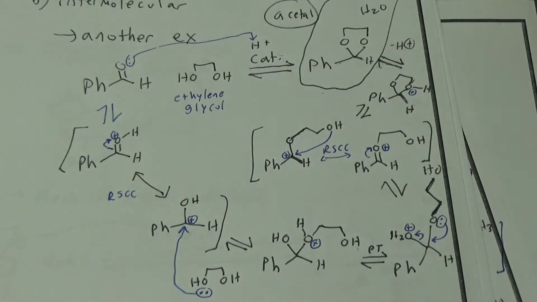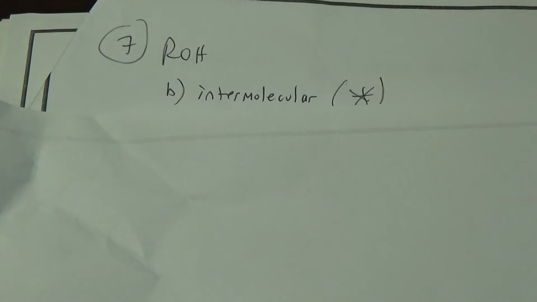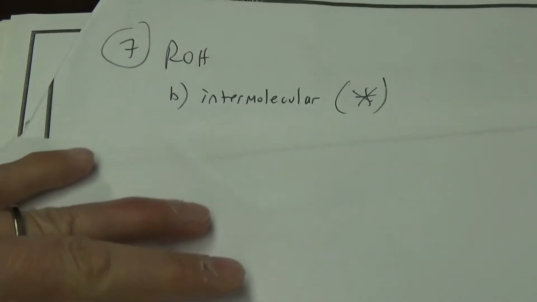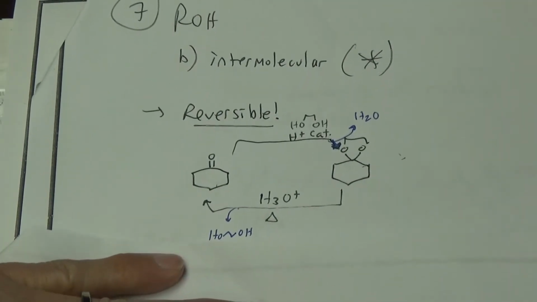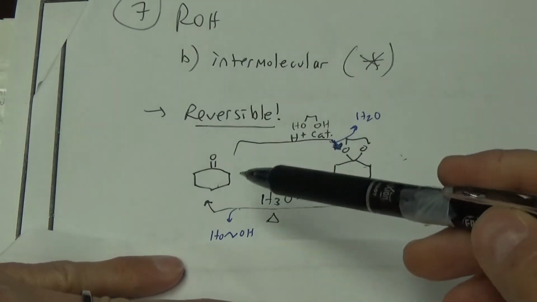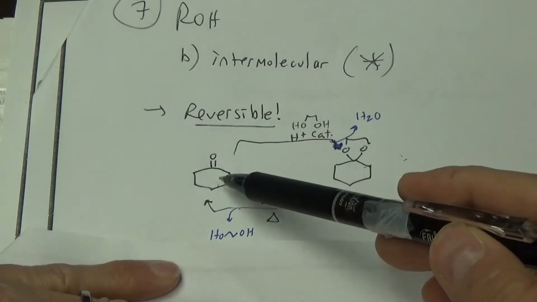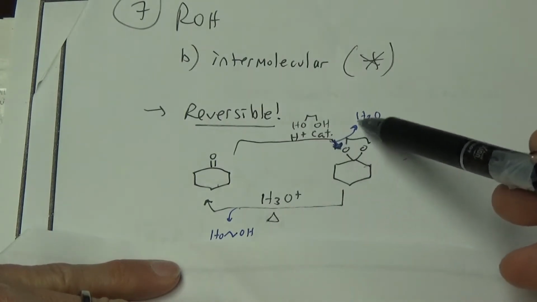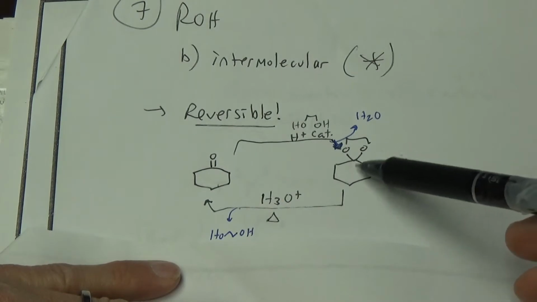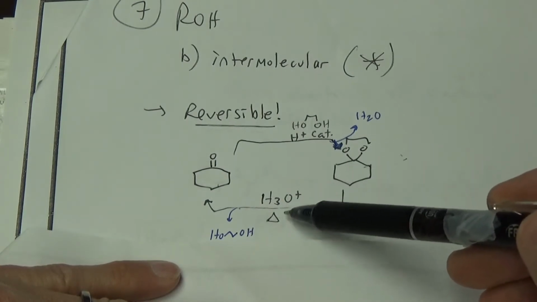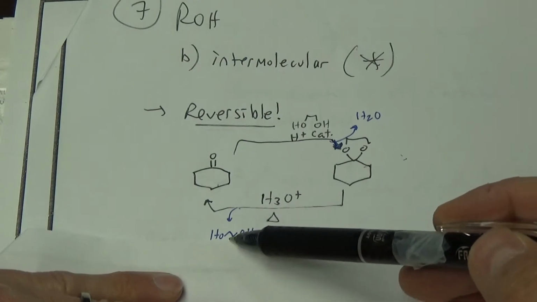Okay? What else did we learn about? We also learned that it was reversible, so you could go backwards. This shows how you can go from the ketone plus the dialcohol, kick off water to make the acetal, or you could go the other way and go from the acetal with acid and water and kick off the dialcohol.